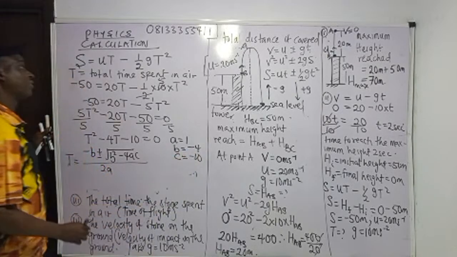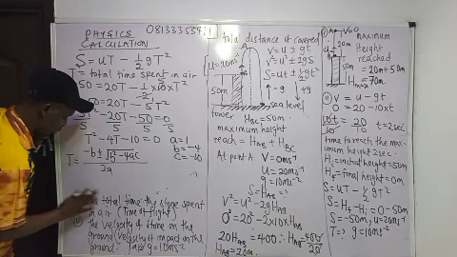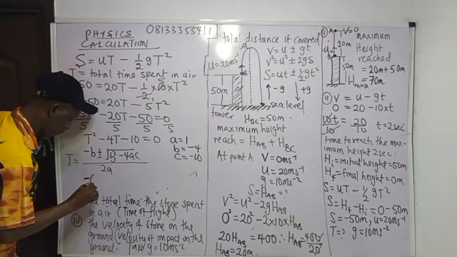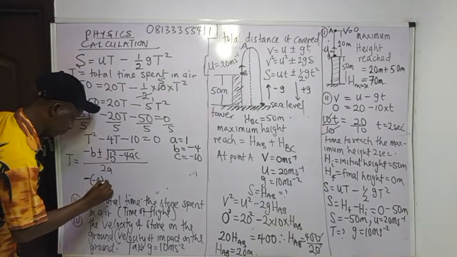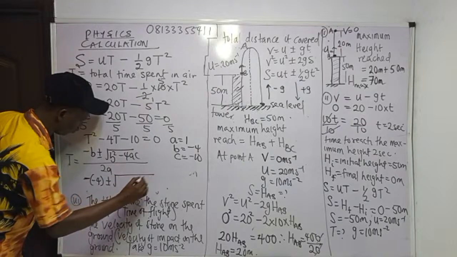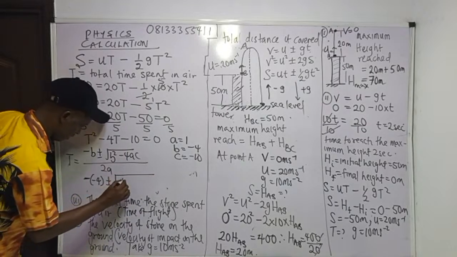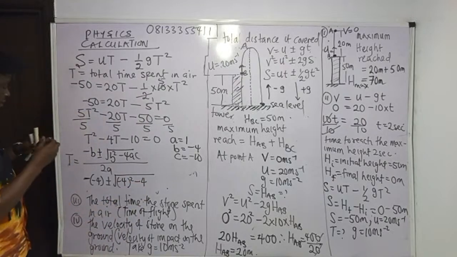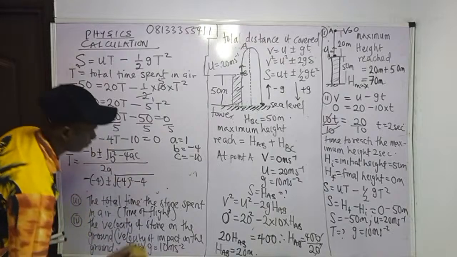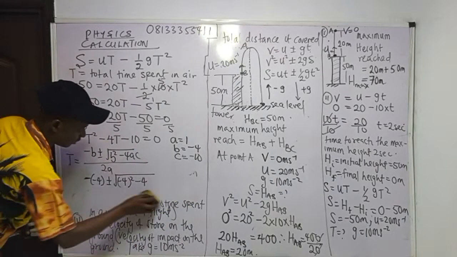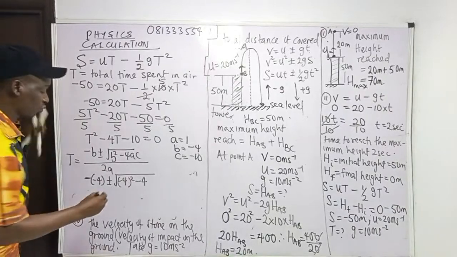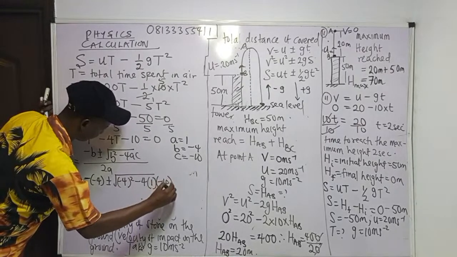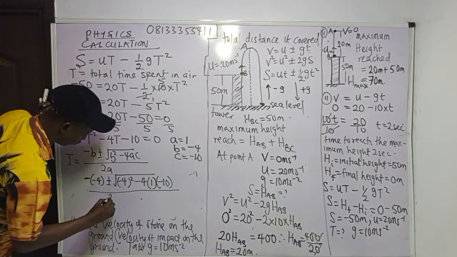So if you have that, what do we have? We have minus b, which is minus minus 4, plus or minus the square root of b squared, which is minus 4 all squared, minus 4 times a, where a is 1, times c, which is minus 10, all divided by 2 times 1.